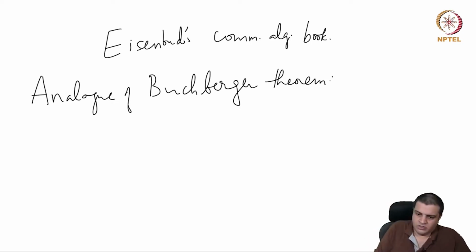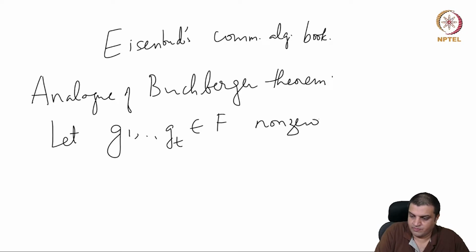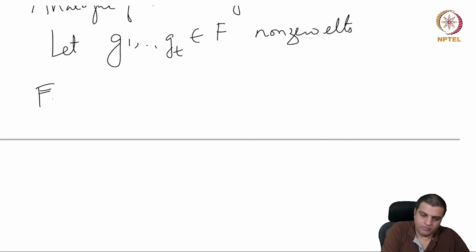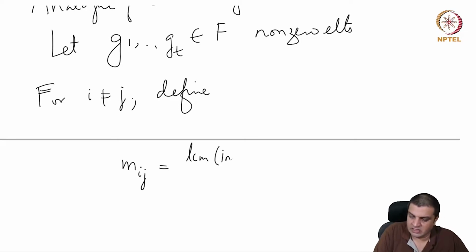So F as above, and let G1 through Gt be non-zero elements in F. For i different from j, define Mij to be the LCM of the initial term of Gi and the initial term of Gj, divided by the initial term of Gi.